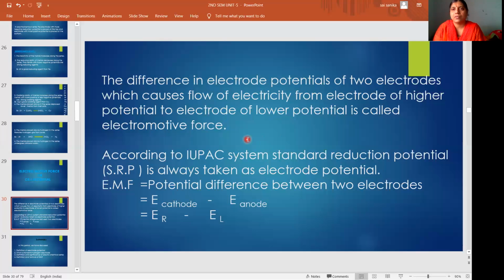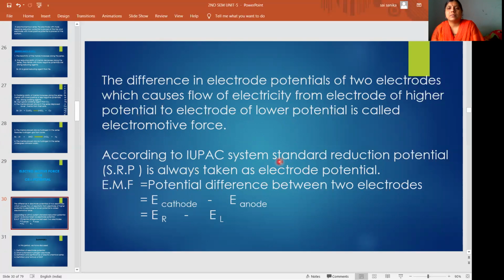Electrons always flow from the electrode having higher potential to the electrode having lower potential. The difference which causes this flow of electricity is called EMF.